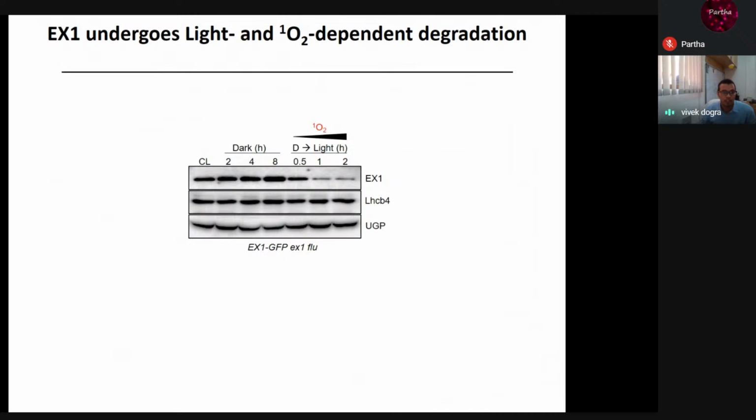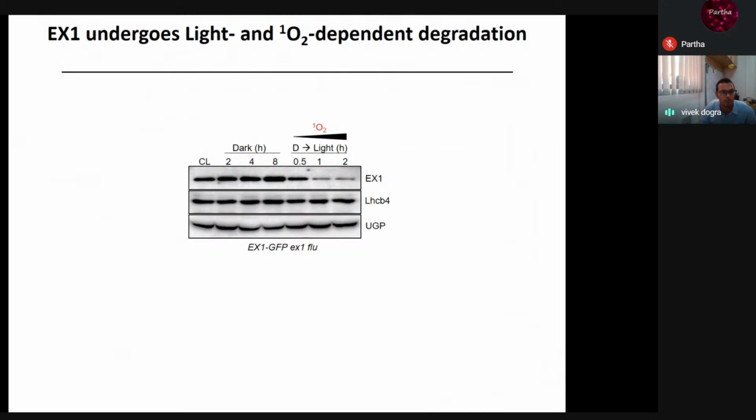What we found is that when we give a dark to light transition or a singlet oxygen dose, this protein undergoes degradation, whereas the control proteins remained similar under stress. So this was a very interesting phenotype to see: this protein undergoes a degradation process during sensing of singlet oxygen.